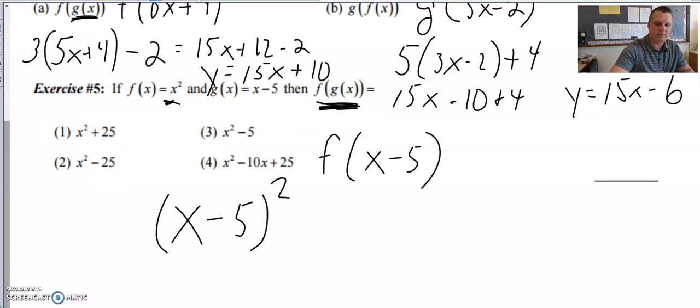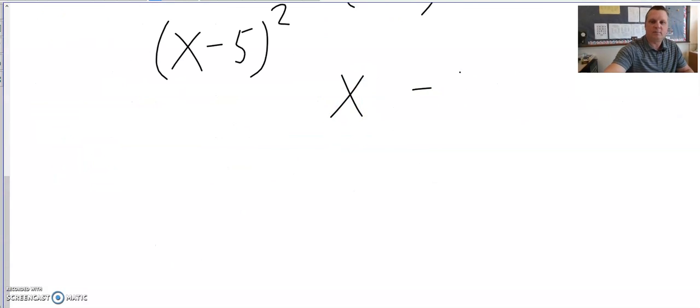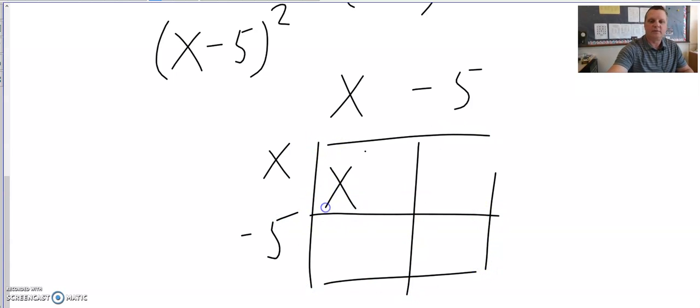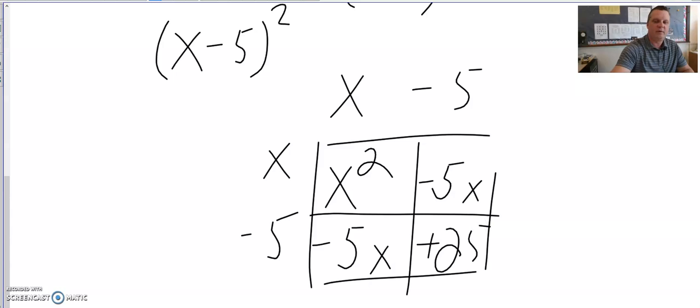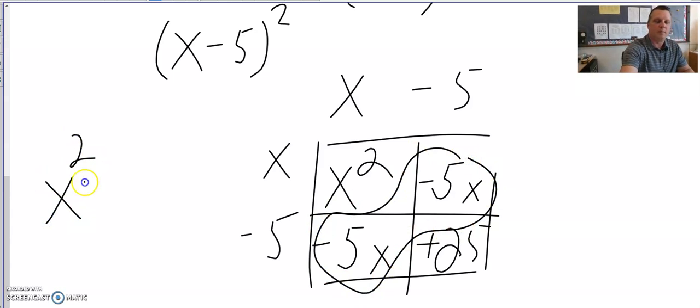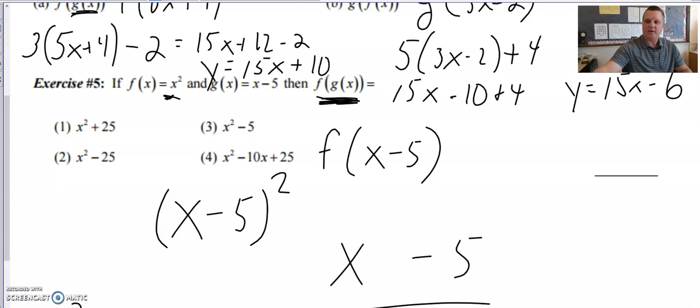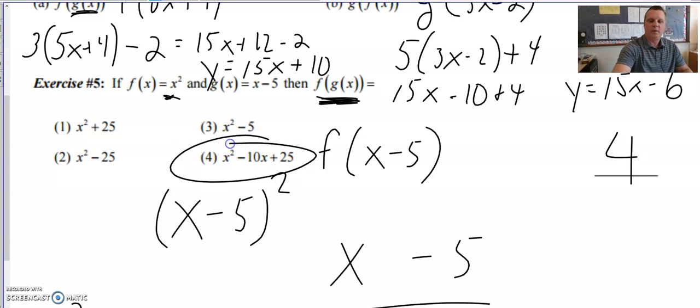Remember your box. So x minus 5, x minus 5. So then we have x squared minus 5x minus 5x plus 25. So it should be x squared, minus 10x plus 25. And go back up and see what choice that is. And that is choice 4, x squared minus 10x plus 25.